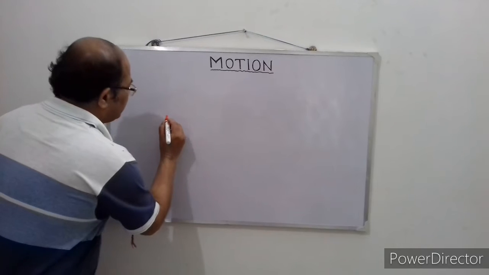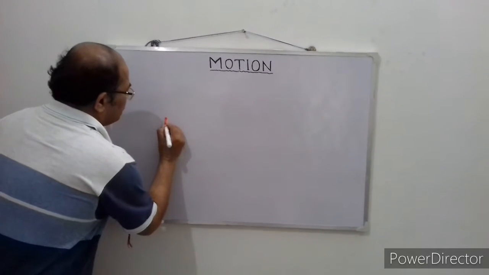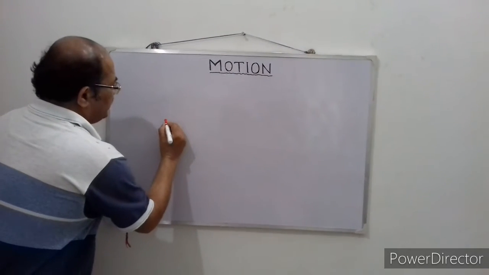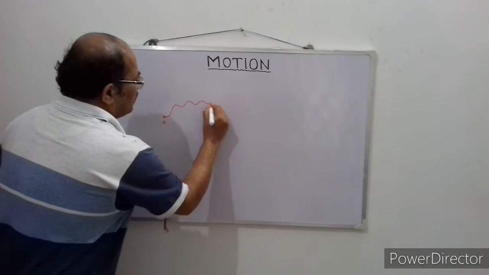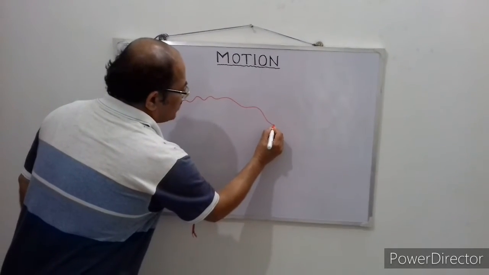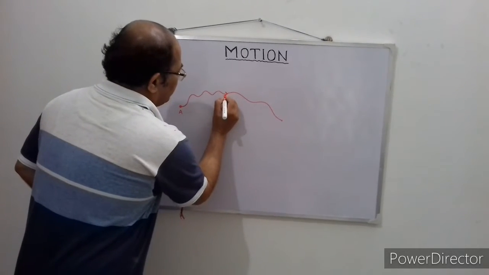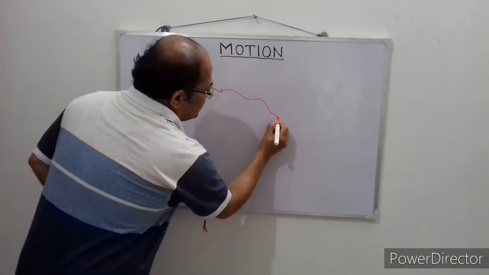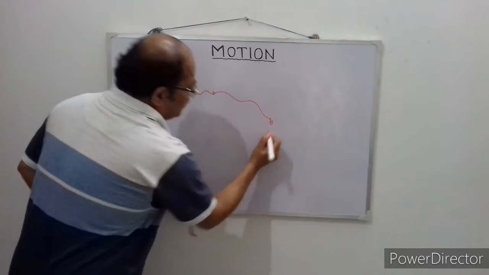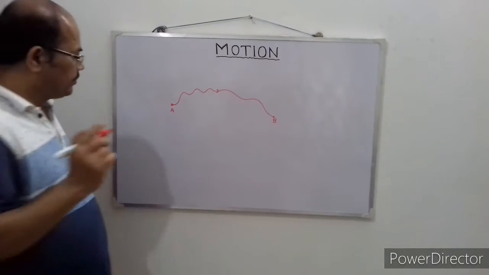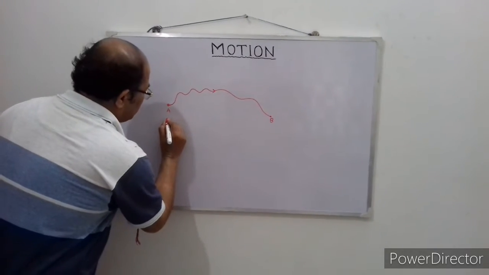Let us consider a point particle from the point A moves on a two-dimensional surface. Okay, and from A it reaches point B after a certain time t. Let the initial velocity be u.